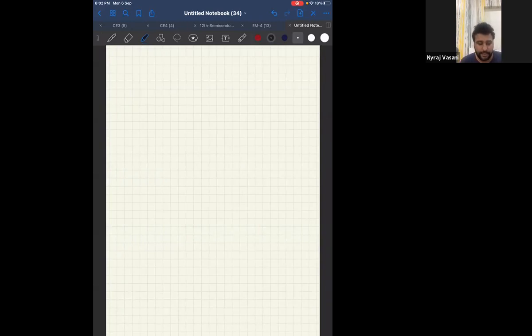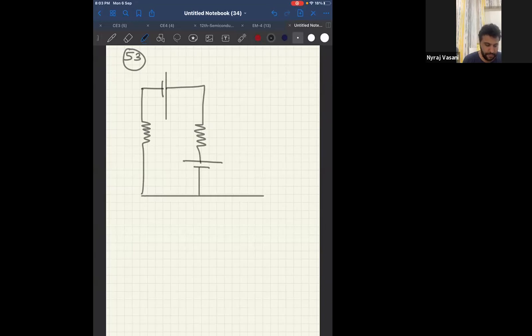Illustration 53, copy the circuit. It is A, B, C, D, E, F. Okay, not O.